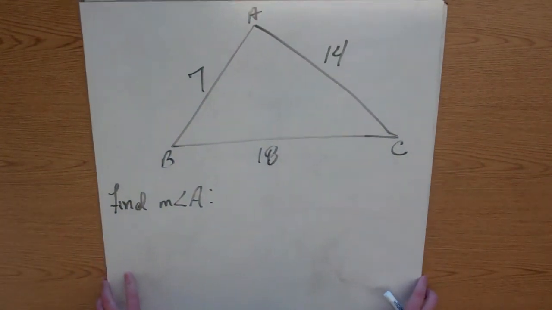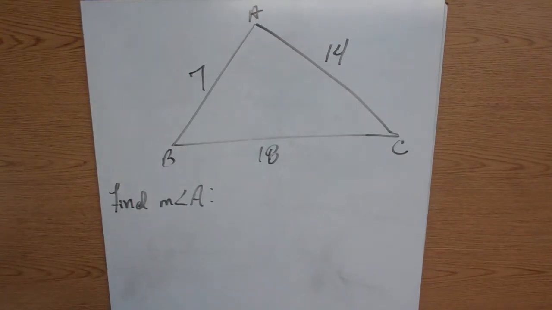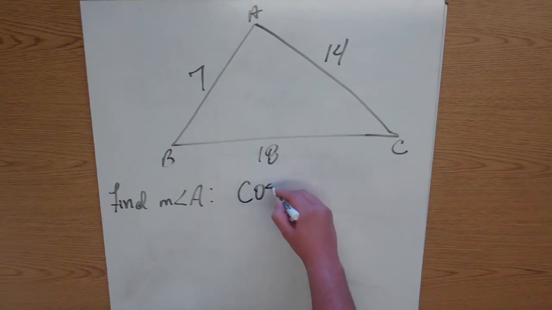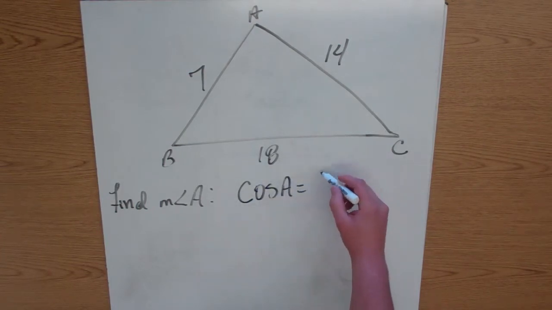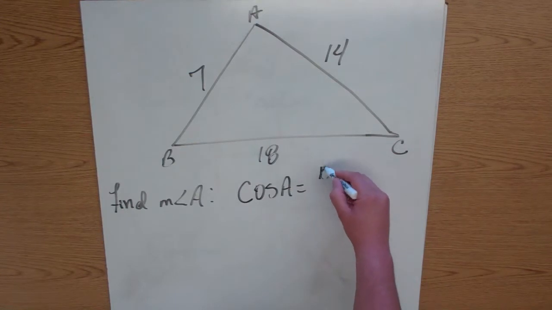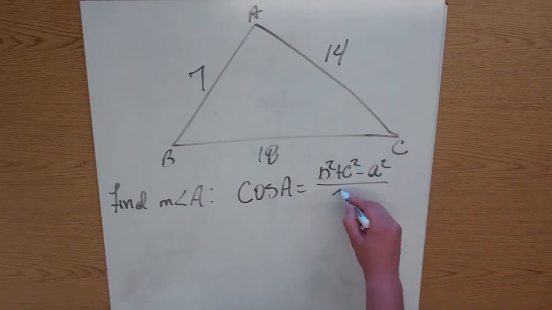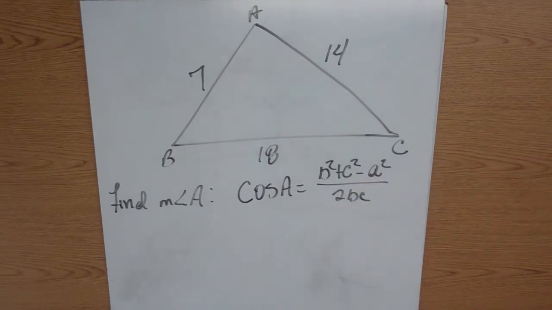If you look here, we're only given the sides of this triangle, and I want to find the measure of angle A, which is right up here at the top. I'm going to use the formula: the cosine of A equals, since this is A, b squared plus c squared minus a squared over 2bc.